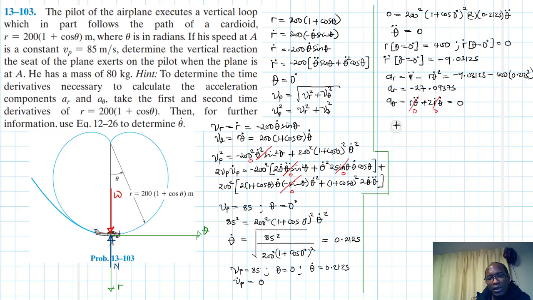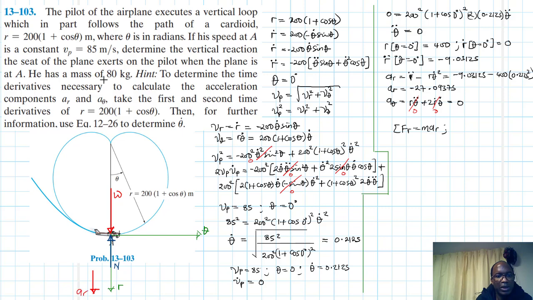Then we have the summation of forces in the R direction equal to m A R. What do we have? Our acceleration is in that direction, like so.